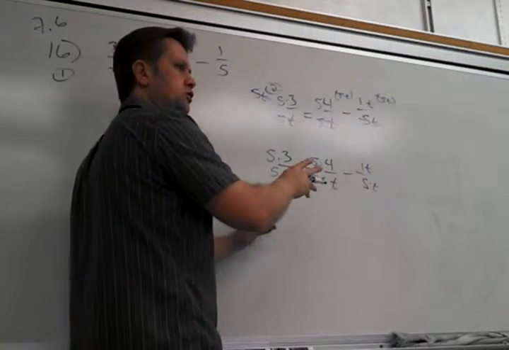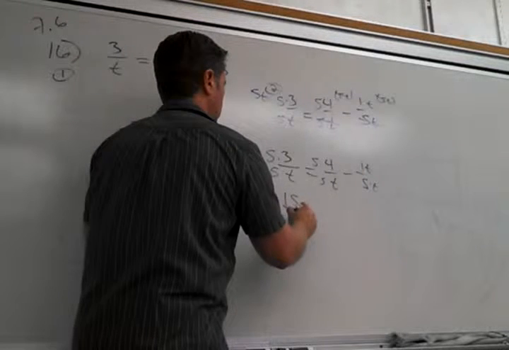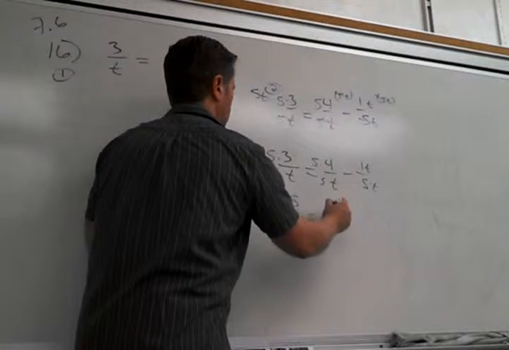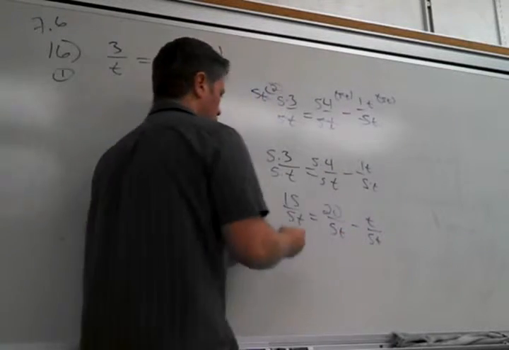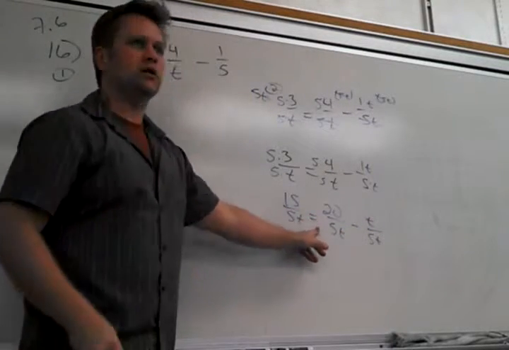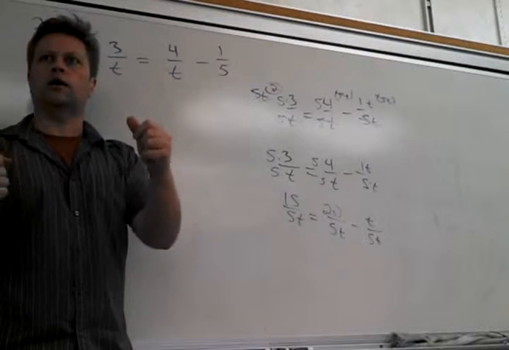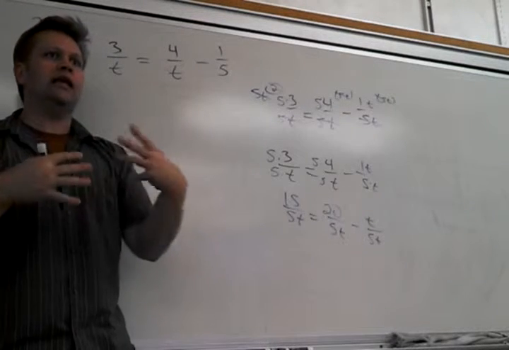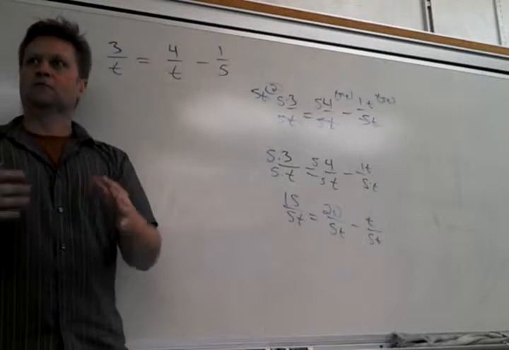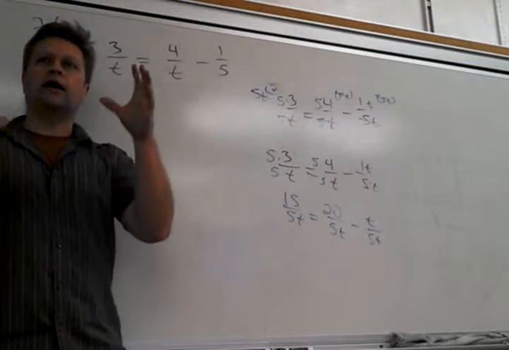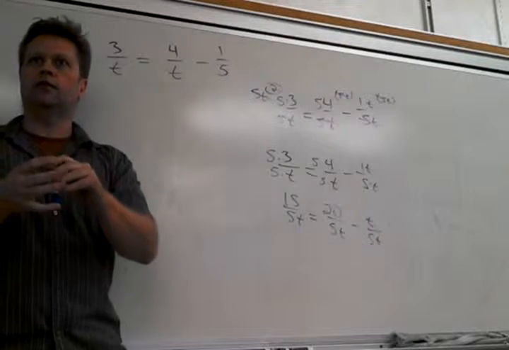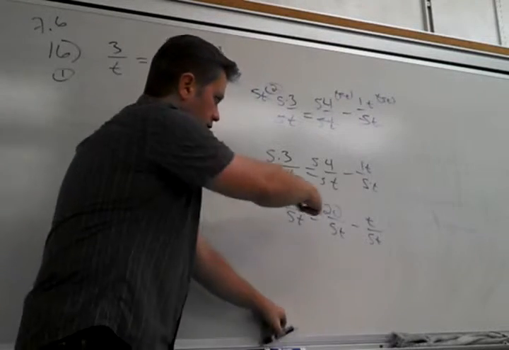And now let me write what we got here so far. I'm going to show you more steps than you really have to. Now the beautiful thing about this is it's an equation, and in an equation I can multiply, so I can get rid of anything I don't like. I don't like fractions. Well, in an equation you can kill them. If it's not an equation, too bad. You've got to live with it. But how do I kill this part I don't like?